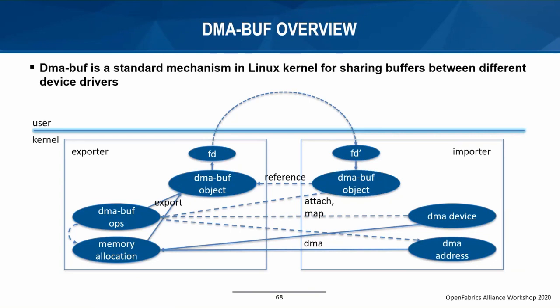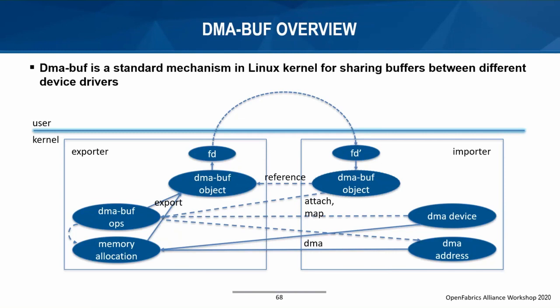That part is called the importer. The importer will translate the file descriptor into the DMA-BUF object again, and then it can attach itself to the DMA-BUF and call the mapping method to do the address translation.